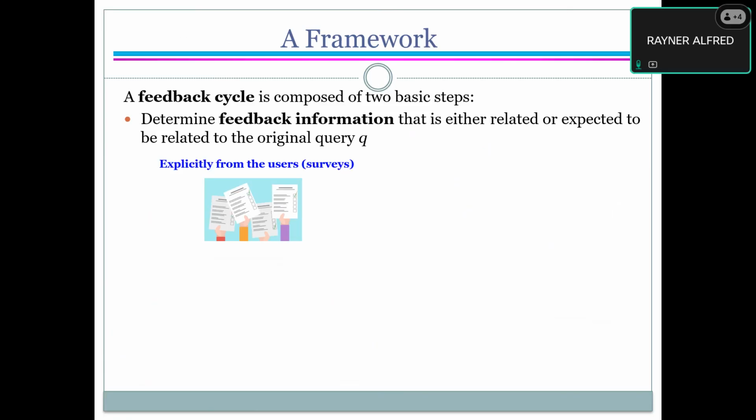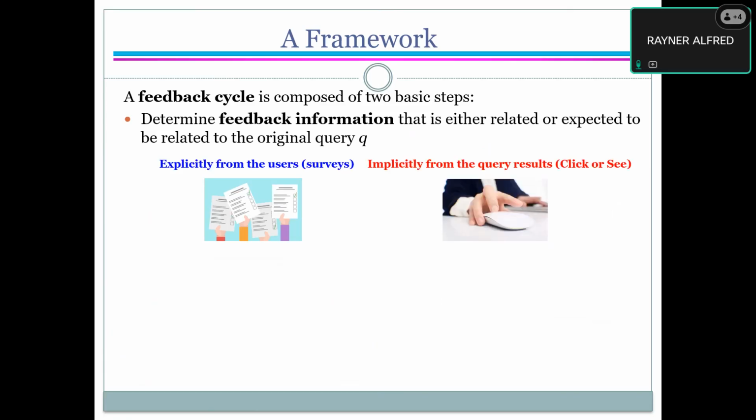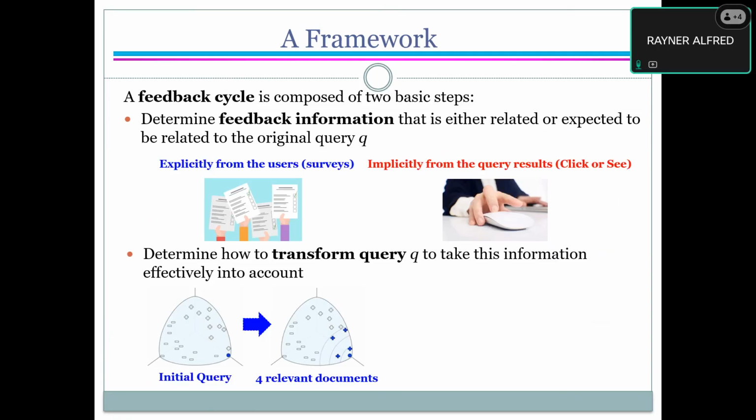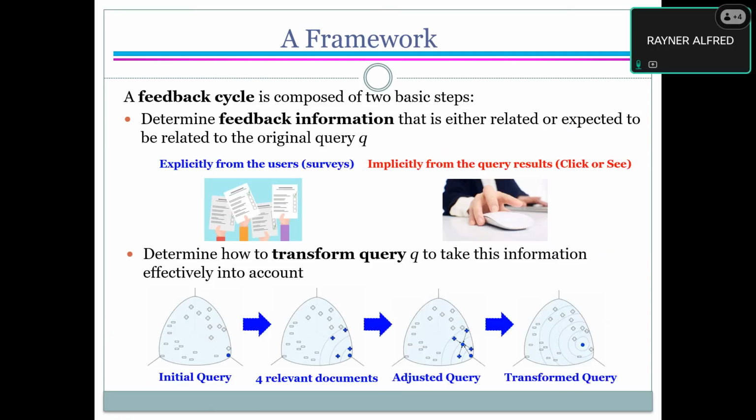The first one is through a survey, where we get the input from the user directly, or we can capture the clicking behavior, where we click on the screen to see the document. And then we determine how to transform the query to take in the information. So this is how it happens: the initial query and then transformed into the transformed query.